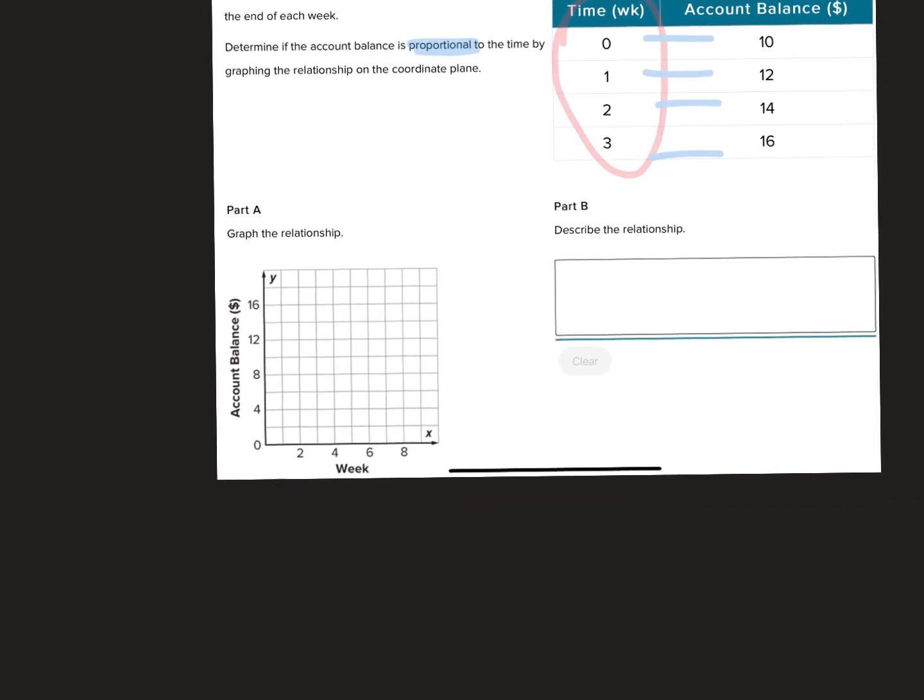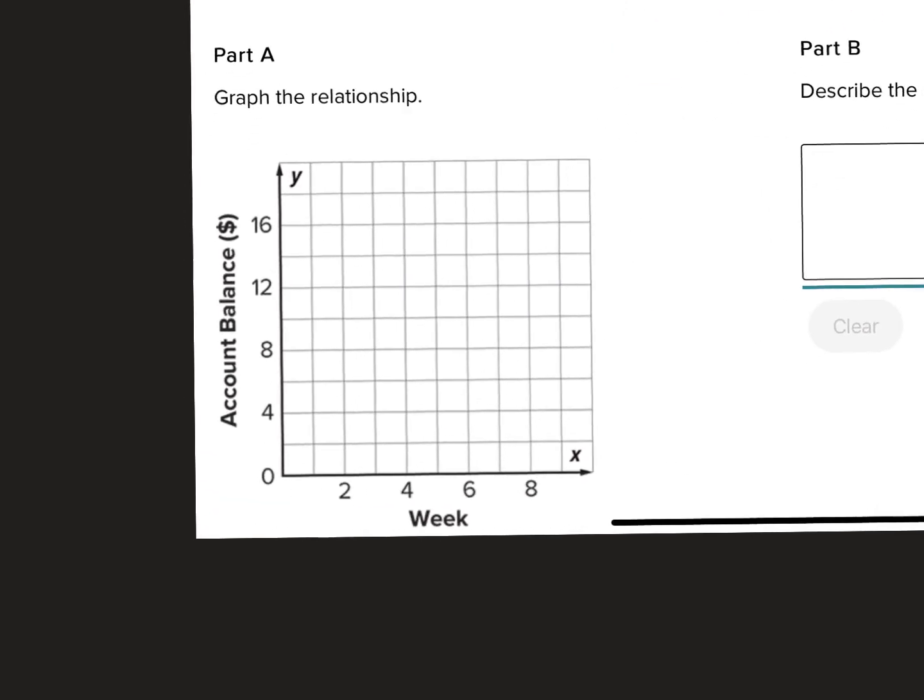So at 0 weeks, the bank account is at $10. I notice over here that my weeks are counting by ones: 1, 2, 3, 4, 5, 6, 7, 8, 9, 10, and so on.